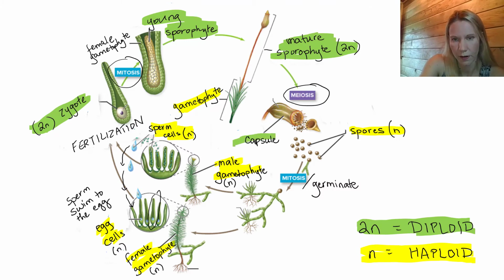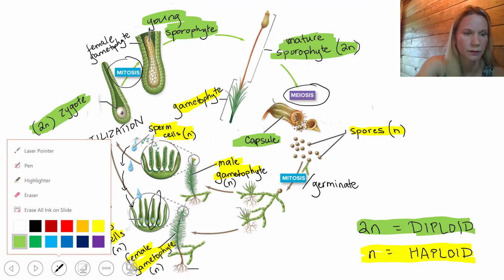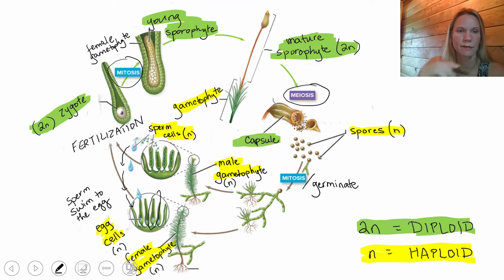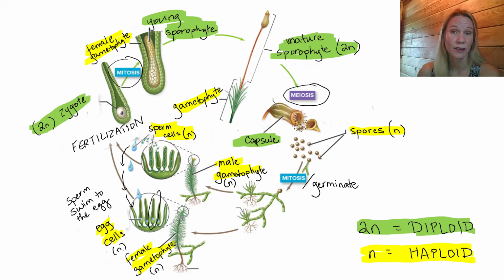This is the diploid capsule. I guess we can highlight this female gametophyte here too, the female gametophyte that the young sporophyte grows out of.